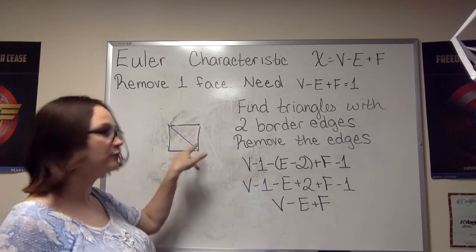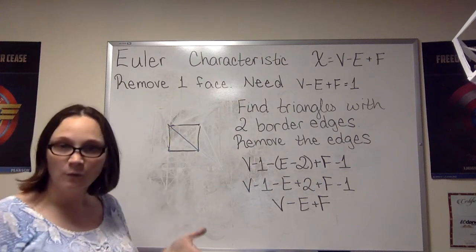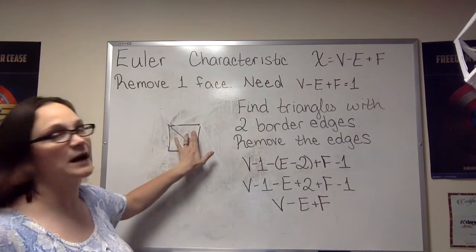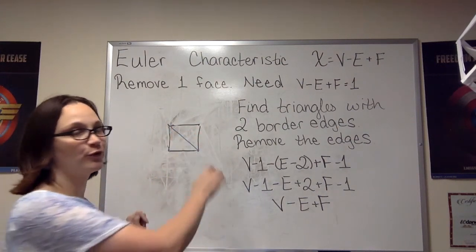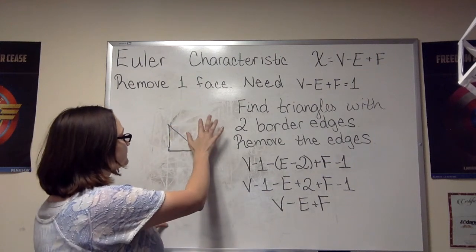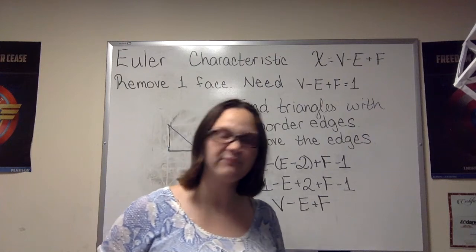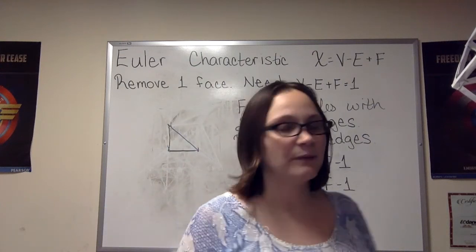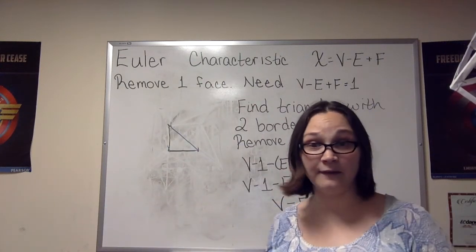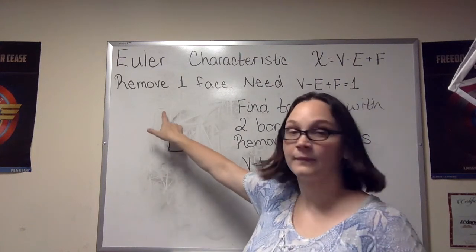At this point, I have two triangles. We'll start with the top one. This one has two border edges. And now this final one has three. So I can't do anything with it just yet. But I can find its Euler characteristic.